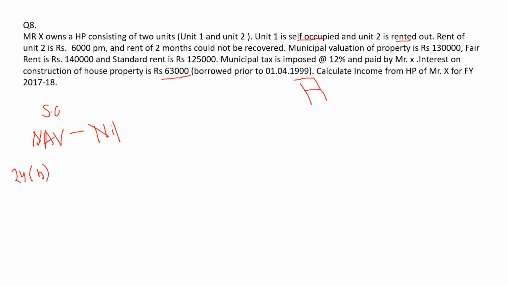Unit 1 is self-occupied and Unit 2 is let out, so we have to find the interest on loan for this 50%. So we take 63,000, 50% for Unit 1. How much does it come out to? It comes out to 31,500. But we will not get this 31,500 as a deduction because there is a condition.